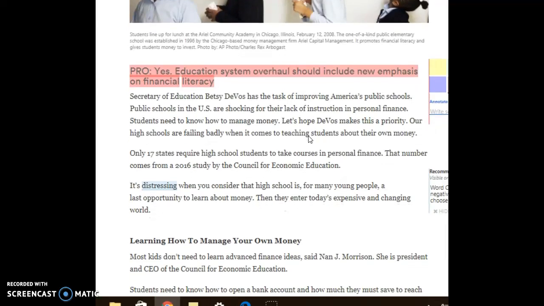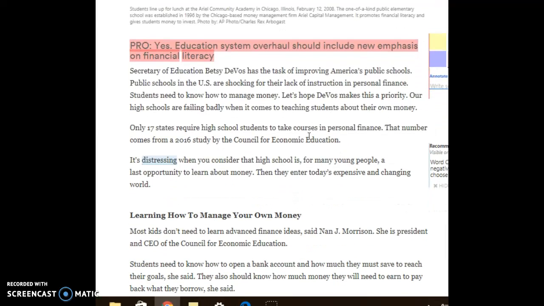This author says, Secretary of Education Betsy DeVos has the task of improving America's public schools. Public schools in the U.S. are shocking for their lack of instruction in personal finance. Students need to know how to manage money. Let's hope DeVos makes this a priority. Our high schools are failing badly when it comes to teaching students about their own money.